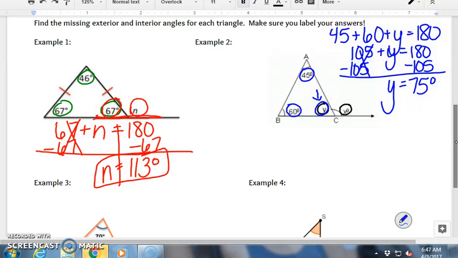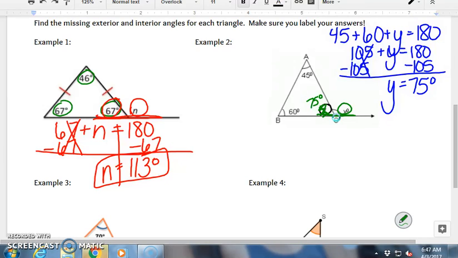And again, you can check your work. 45 plus 60 plus 75 should equal 180. And it does. So now that I know that this angle is 75 degrees, I can then solve for angle x. I can now solve for x because those two sit on the same line.